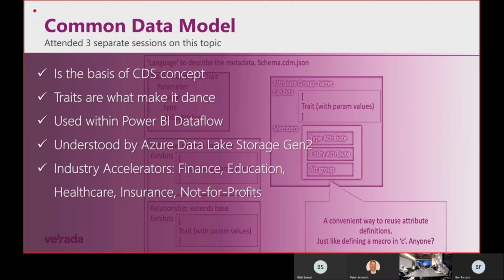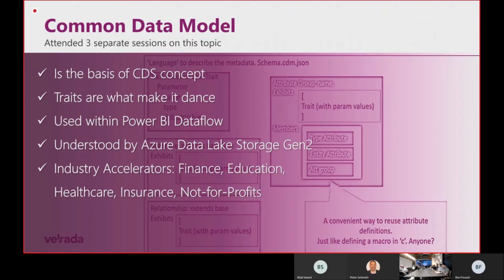Now, there are industry accelerators based on the common data model that will help you shape this. Let's say you've got a customer in Dynamics and you've got a person in Salesforce, but we're talking about healthcare. You want those 2 things to actually mean patient, because you don't have a customer at a hospital, you have a patient at a hospital.